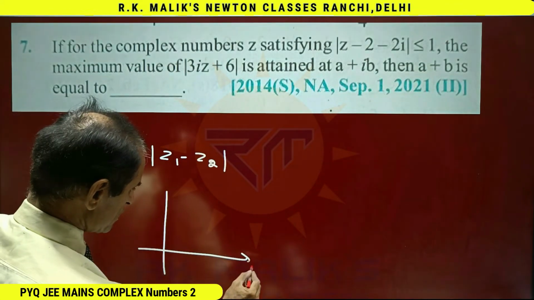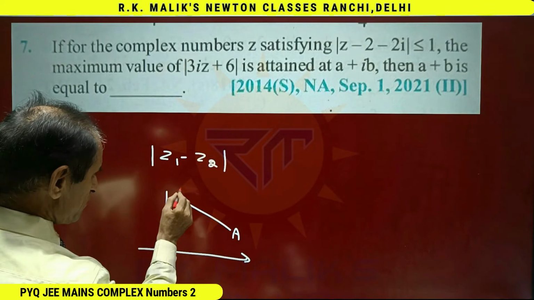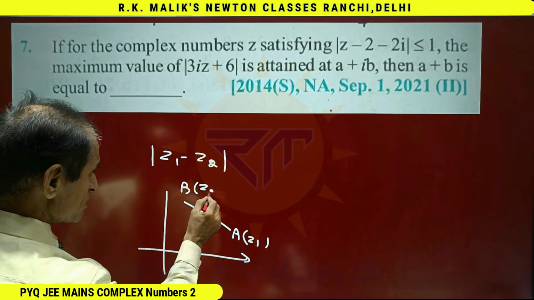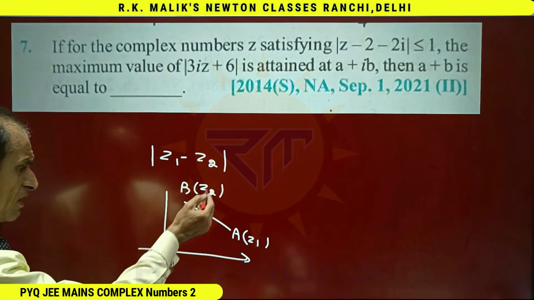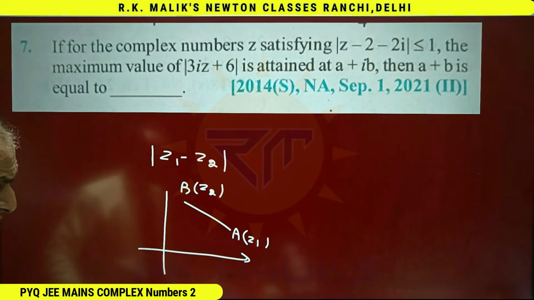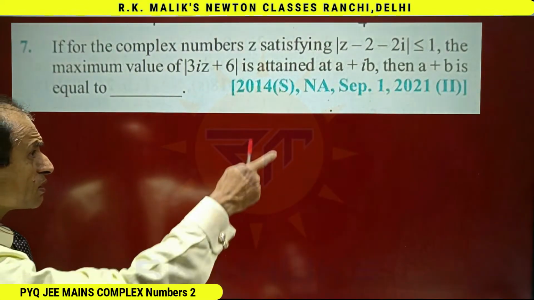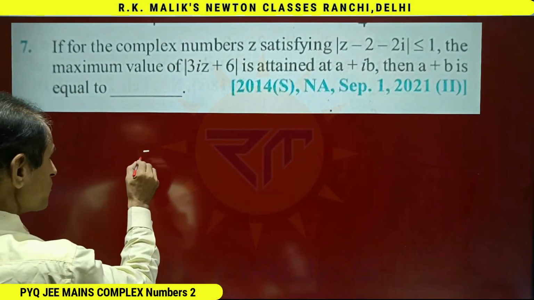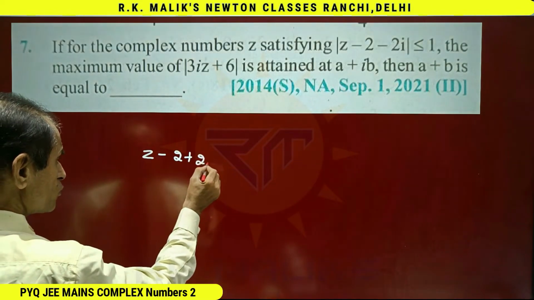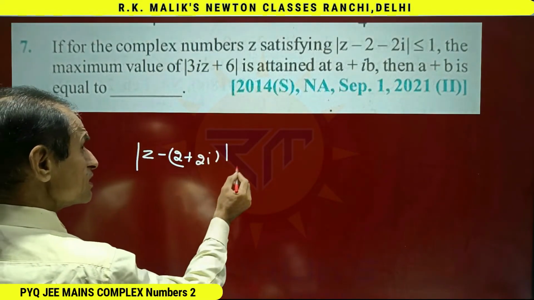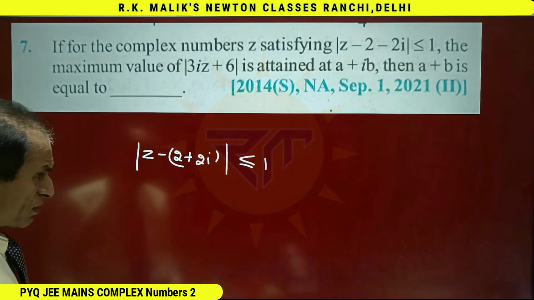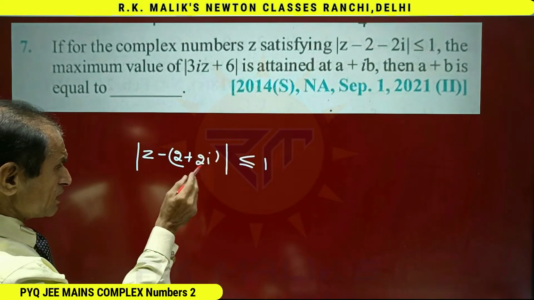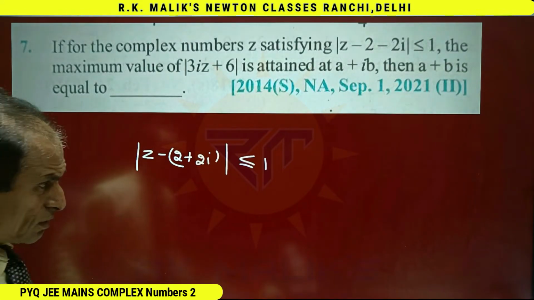That is, if this is a point A, this is a point B, and here it is z1, here it is z2, then this thing represents the distance between the points A and B. And now clearly this means mod of z minus 2 plus 2i is less than or equal to 1. That is, the distance of z from 2 plus 2i is less than or equal to 1.